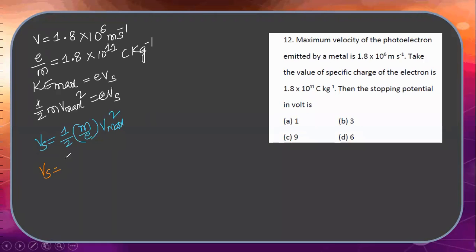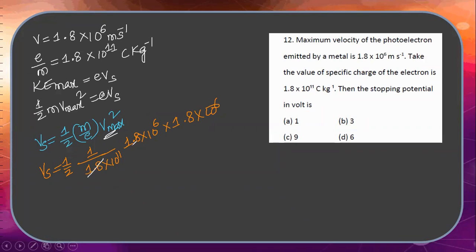Then Vs is equal to 1 by 2 into m by e. The specific charge e by m is 1.8 into 10 power 11, but here mass by charge is needed, so reverse it: 1 divided by 1.8 into 10 power 11, into velocity squared. The velocity is 1.8 into 10 power 6, whole square, which is why I have written 1.8 into 10 power 6 two times.